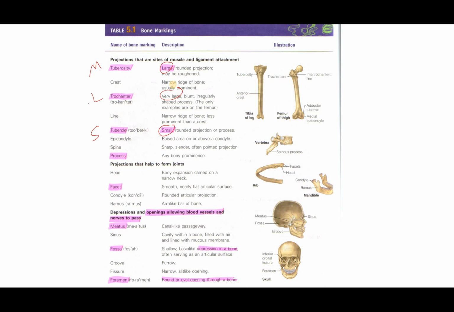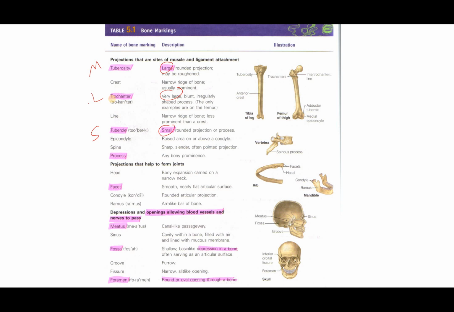Either way is fine, but what I want you to realize is that a tubercle is a small bump, a tuberosity is a medium-sized bump, and a trochanter is a very large bump on bone. Now, bumps on bone are designed for muscle attachment. A muscle tapers into a tendon and attaches to bone, and they really like to attach on bumps.